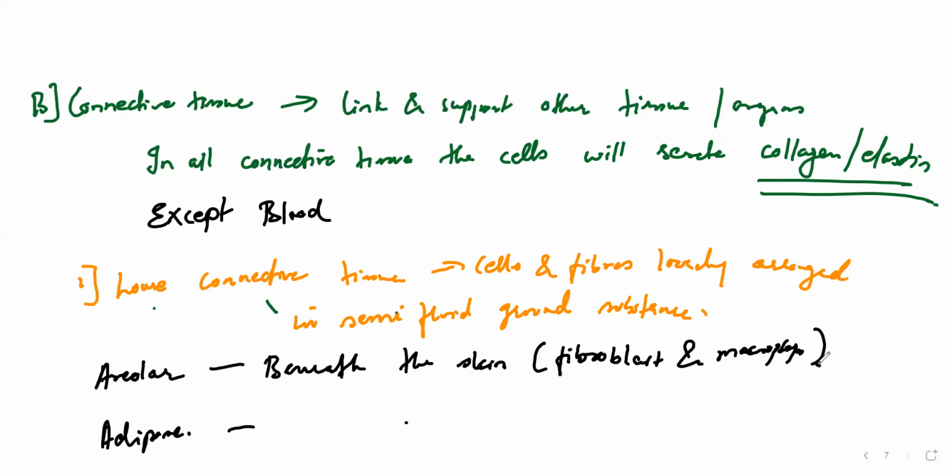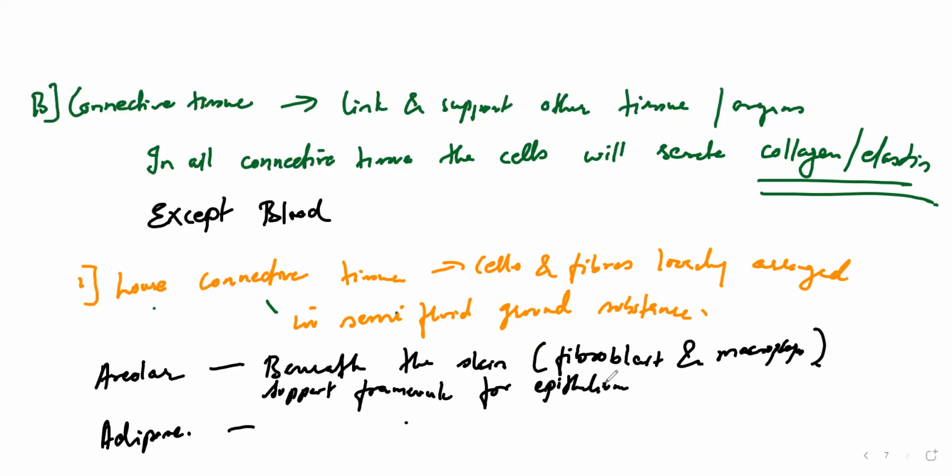It acts as a support framework for epithelium, because epithelium is the first covering of the skin. So beneath that, this connective tissue, areolar, is present. Like how the frames of your spectacles support the lens, in the same way areolar connective tissue is going to act as a frame for the epithelium.